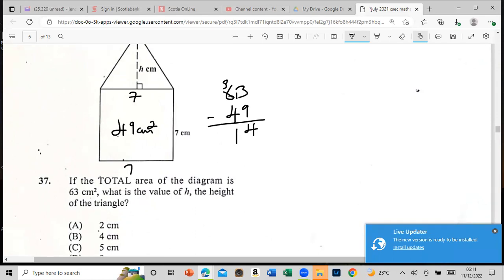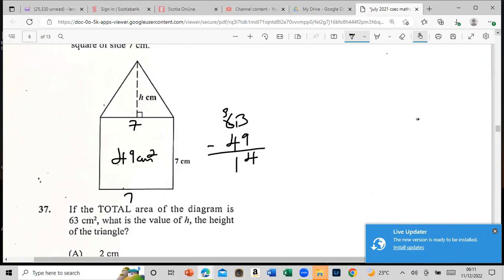So it's half the base times the height. So it's cool. So this is supposed to work out to 40. So 7 times what? Because it's 40. 7 times each divided by 2 is 40.